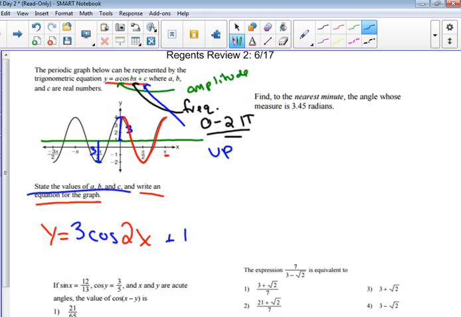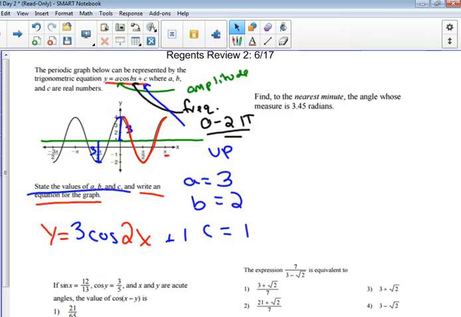They ask you once to state A, B, and C and write the equation. So I need to say A was equal to 3, B was equal to 2, and C was equal to 1. They'll take off points for little things like that. So just make sure you read the questions very carefully. If they did ask us something about finding the period of this, ask me what's the period formula.